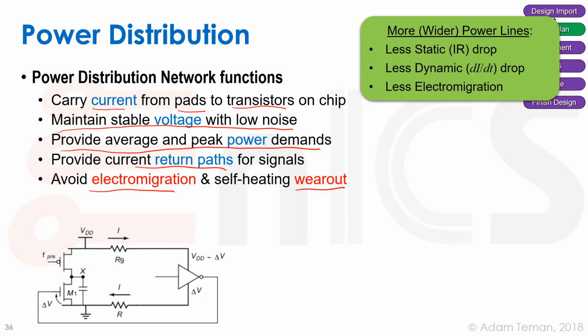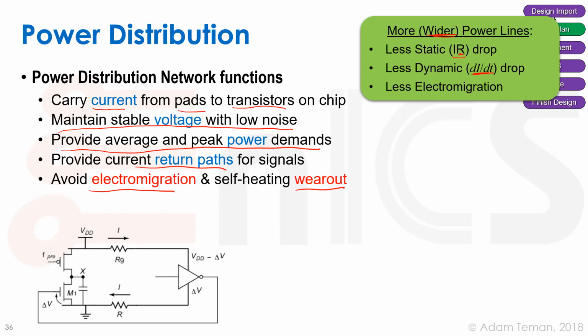So how do we achieve that? We make wider power lines, right? Wider power lines means that we get smaller R, and then the total IR is smaller, so we get less static IR drop, or average current. We get less dynamic, what's called di/dt drop. That's because of the large inductances that we often have in the connections from the package to the chip.